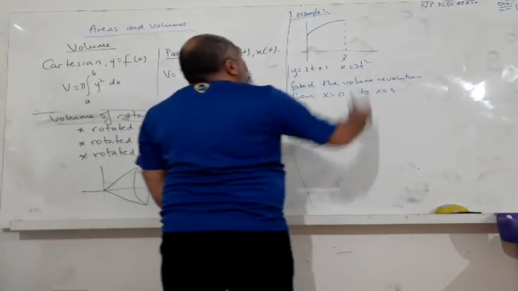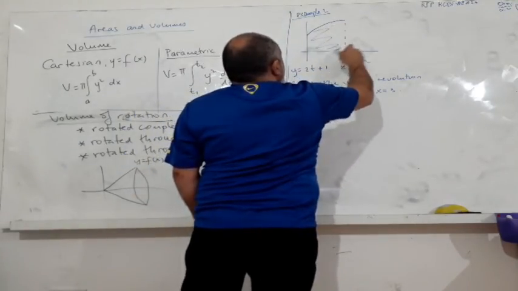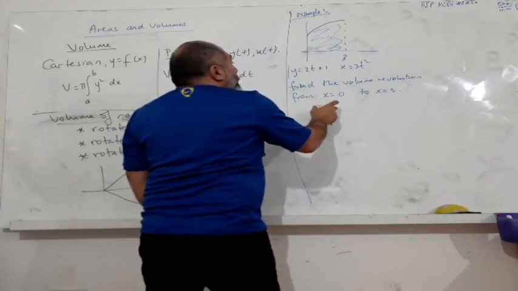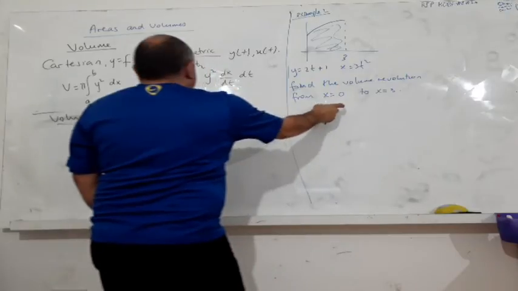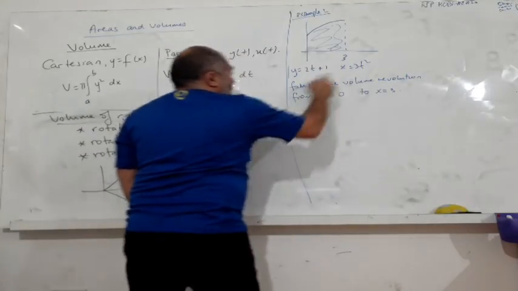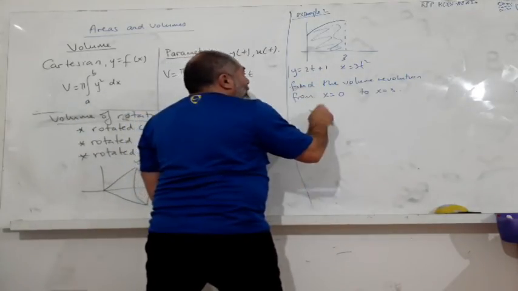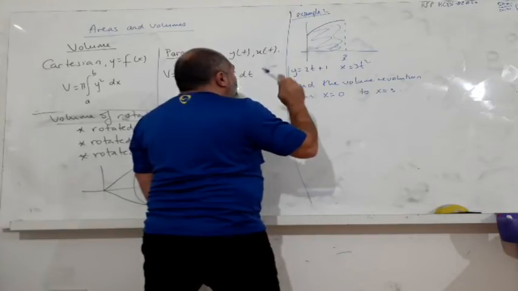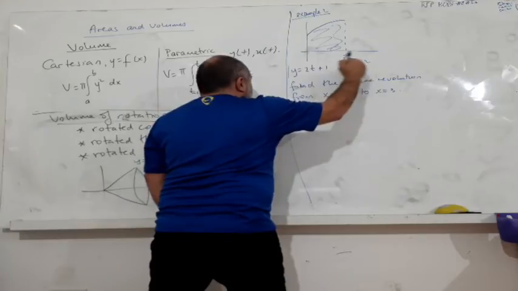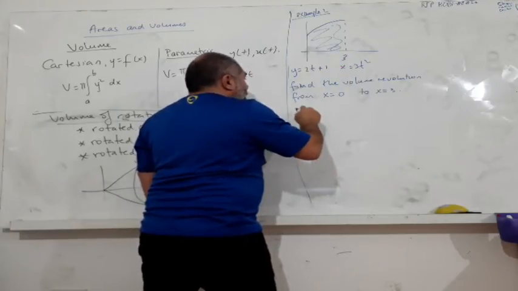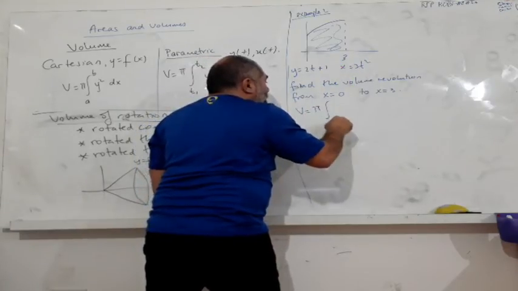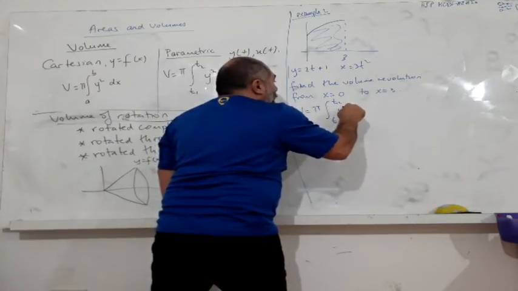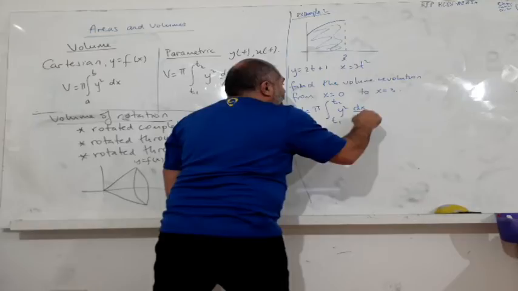Here, we don't know the t values. The first thing to do is to find the t values, because we have to remember that if the equation is parametric, volume is equal to pi times the integral from t1 to t2 of y squared dx over dt.